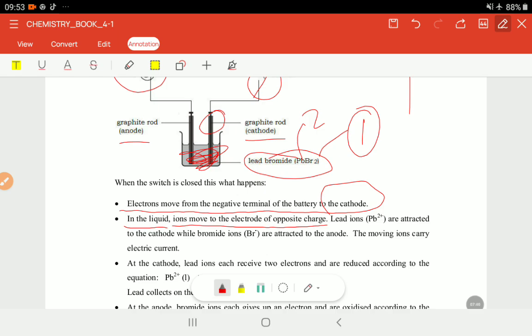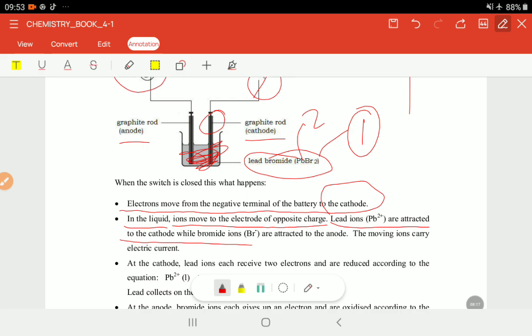So in that case, the lead ions, Pb2+, will be attracted to the cathode. Remember, the cathode is connected to the negative terminal of the battery, so that's why this electrode is negatively charged. Because of that, it will be attracting these lead ions.